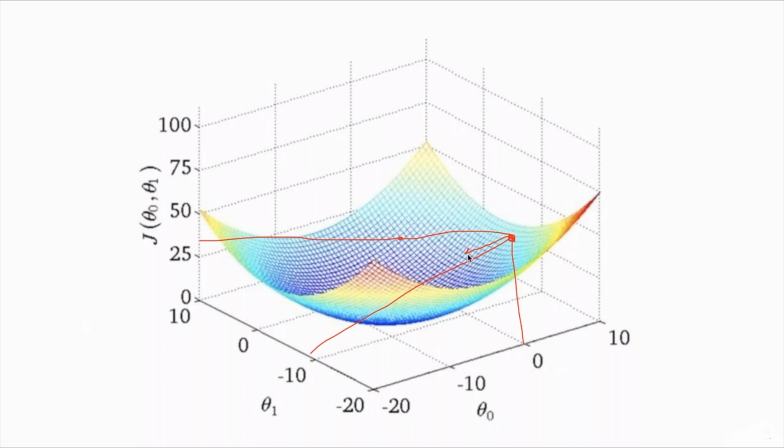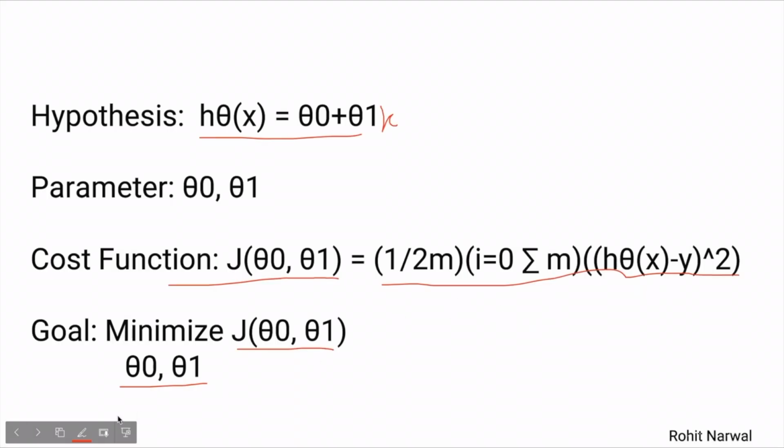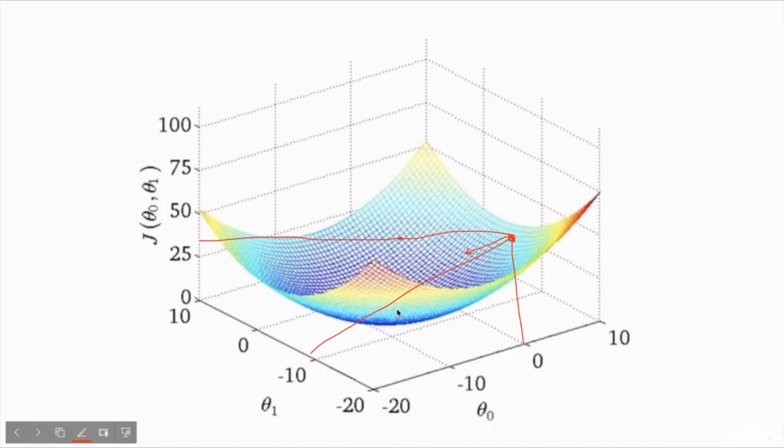So let's say we chose different values of theta 0 and theta 1, and we are decreasing its value and reaching our goal, the minimum value. Say it's here, so it will have this value, that value, and some j of theta 0 comma theta 1 value. So this is the representation.